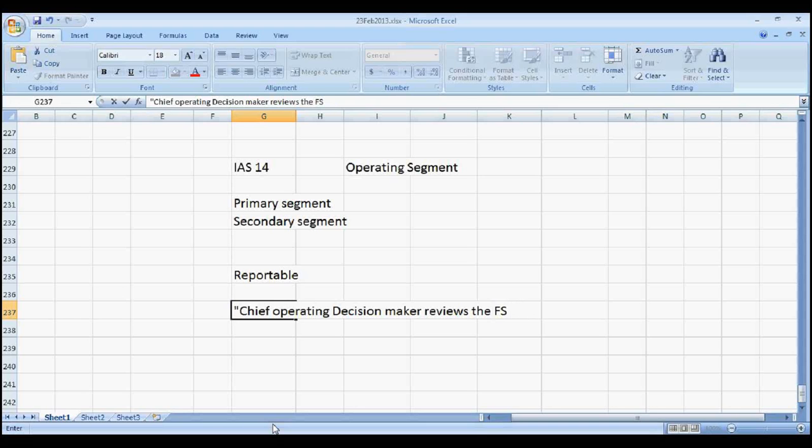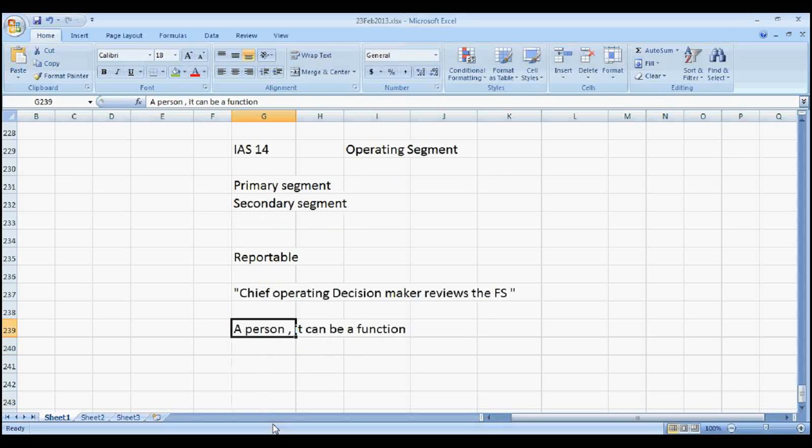The chief operating decision maker may not be a person, it can be a function, it can be a board wherein there are many people who are reviewing these reports.